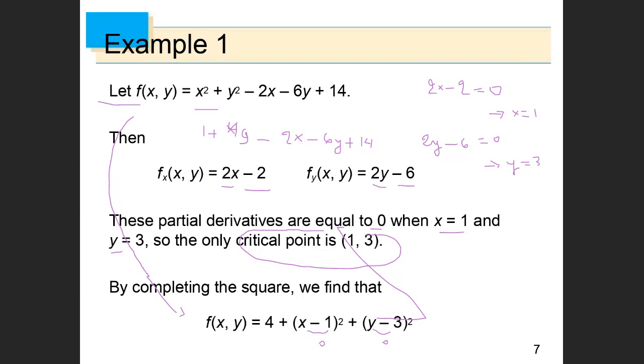So this is the method. This is a typical case where, if you moved on to second derivatives, what would you find? What would be the second derivatives, guys?